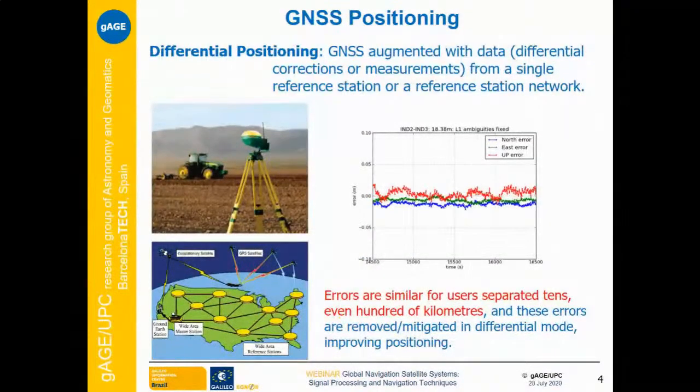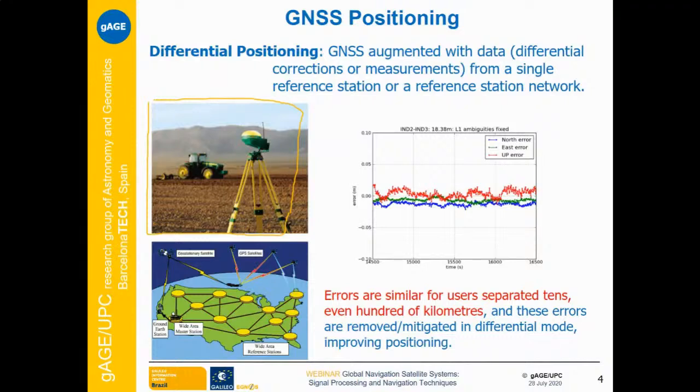The second type of positioning that we will talk about today is differential positioning, in which we are augmenting the data that we are receiving from the satellites. This can be done using different strategies, as we will see. To clarify, here we have a picture of 2 receivers.